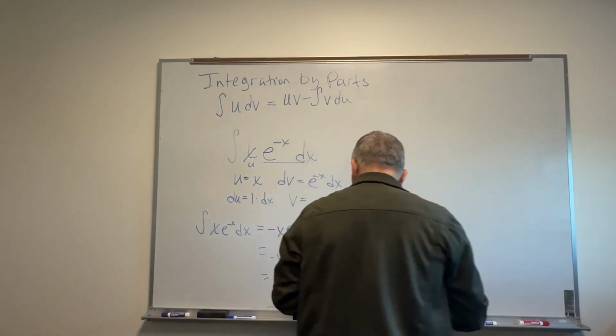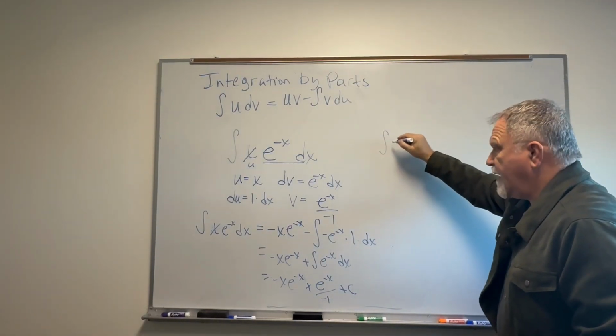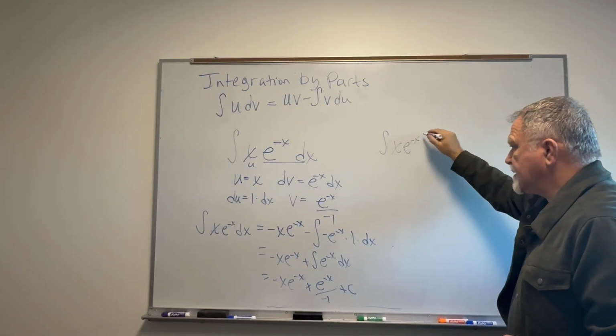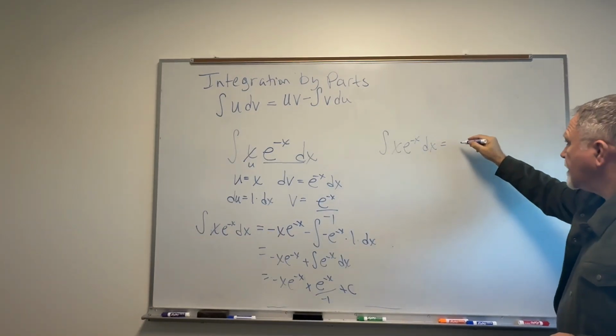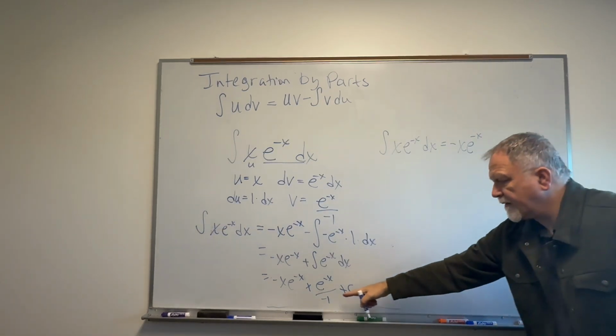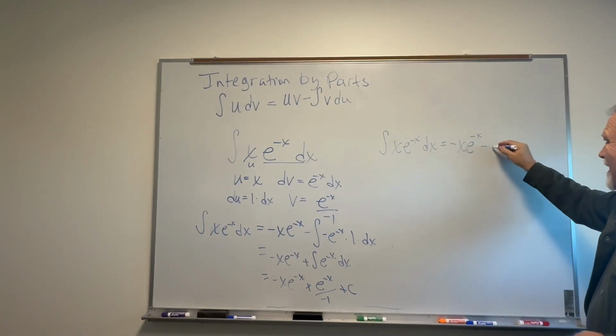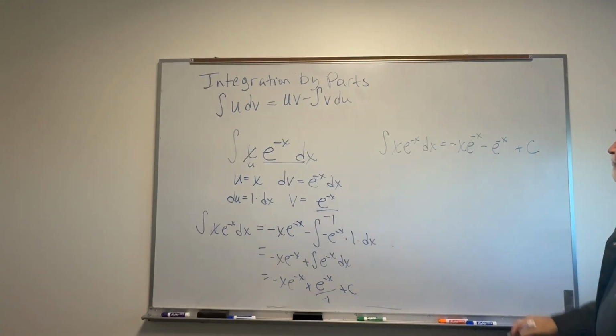So in summary, we have that the integral of x e to the negative x dx is equal to negative x e to the negative x. This will become a minus e to the negative x plus a constant.